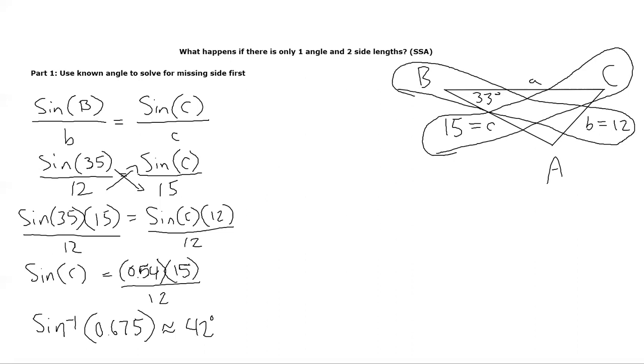This time we're going to have to find an angle, which means we're going to have an extra step at the very end. Okay? So we're going to start with our completed set. Sine of capital B divided by lowercase b is equal to sine of capital C divided by lowercase c. This is, once again, just the law of sines.